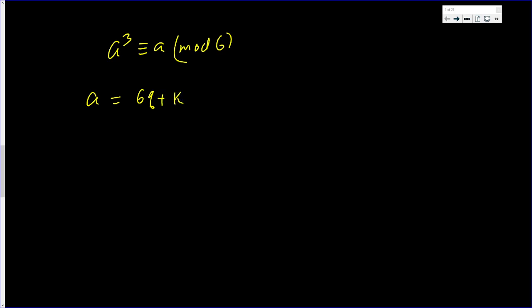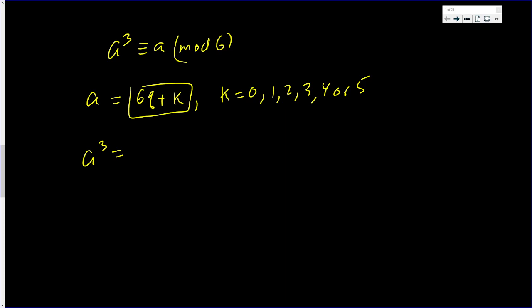So we'll say a is 6q plus k, where k is equal to 0, 1, 2, 3, 4, or 5. So now a cubed, just start catching on. All the terms of 6q plus k will be a multiple of 6, except that last term, which will be k cubed.